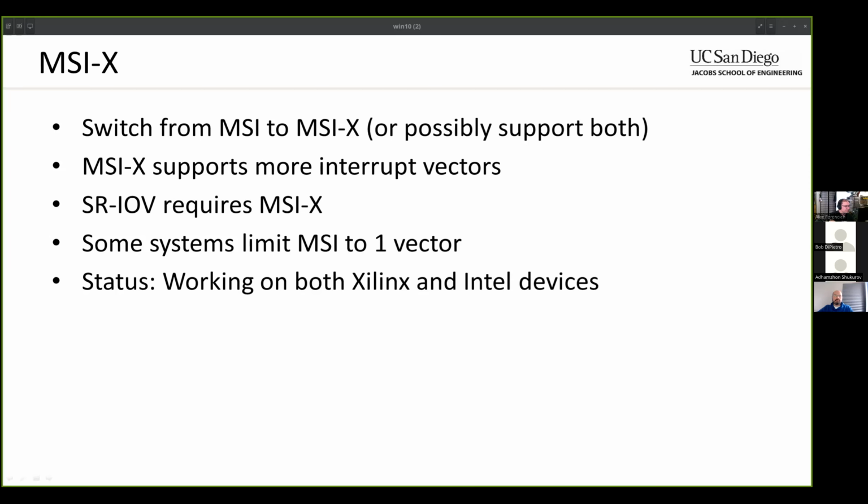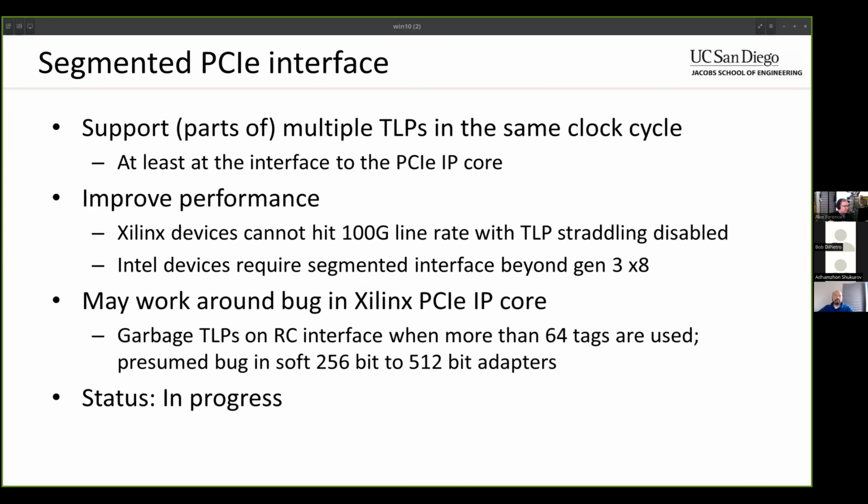All right. The next thing I'm starting to work on now is the segmented PCI Express interface. And the idea with this is that when you're exchanging packets with the hard IP on the FPGA for PCI Express, in some cases, you'll want to transfer potentially parts of multiple TLPs in the same clock cycle.